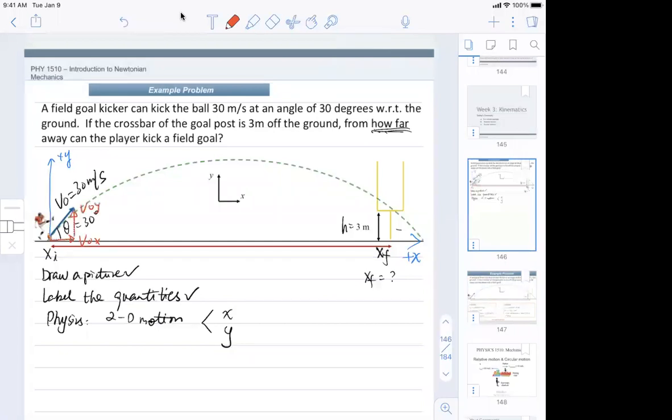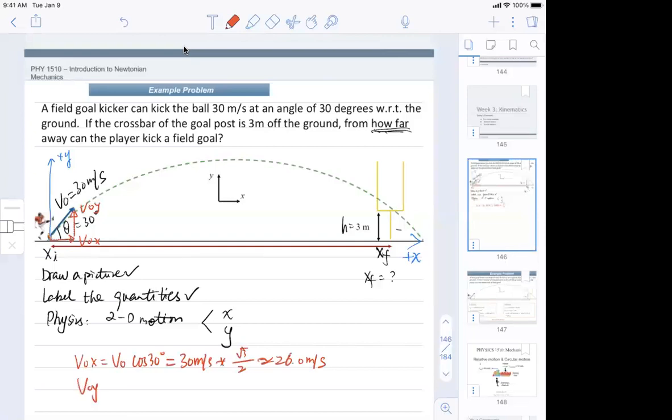So V naught x is V naught times cosine theta or sine theta? What is V naught x? Yes, cosine, thank you, Eric and Carlo. It's going to be V naught cosine 30 degrees, and that is roughly 26 meters per second.